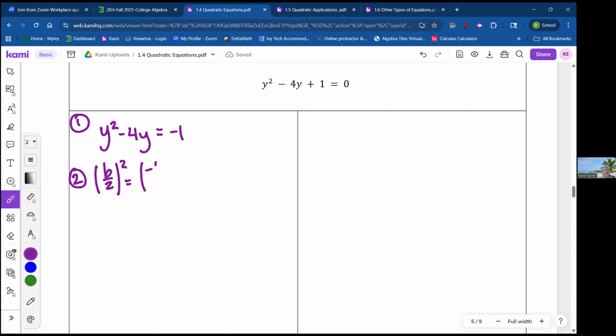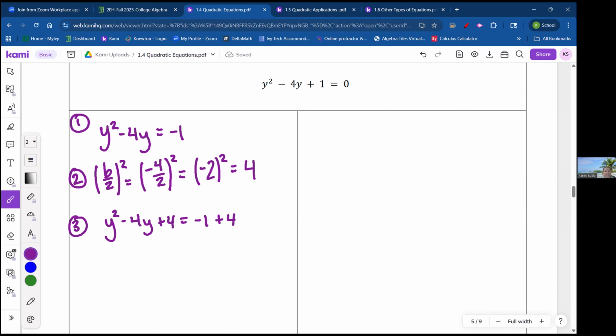In this case, it's -4 divided by 2 squared, which is -2 squared, and -2 times -2 is +4. Add the 4 to both sides. So y squared minus 4y plus 4 is equal to -1 plus 4, so y squared minus 4y plus 4 is equal to 3.